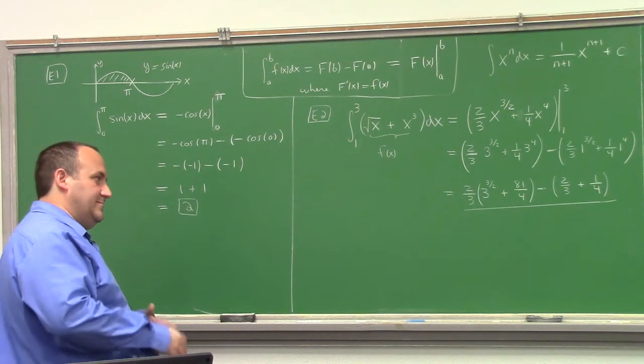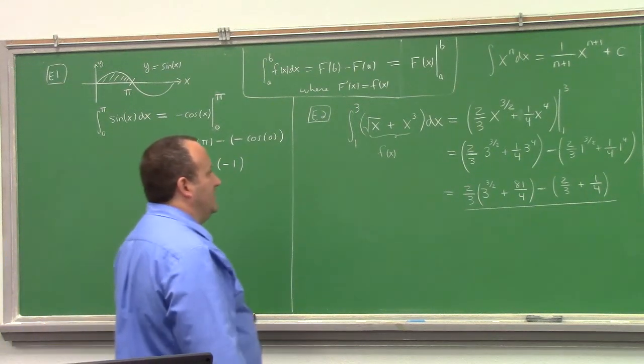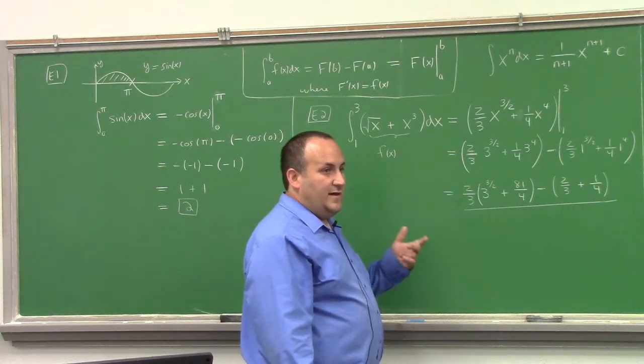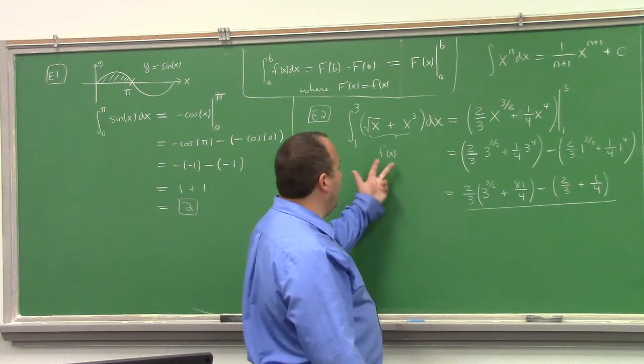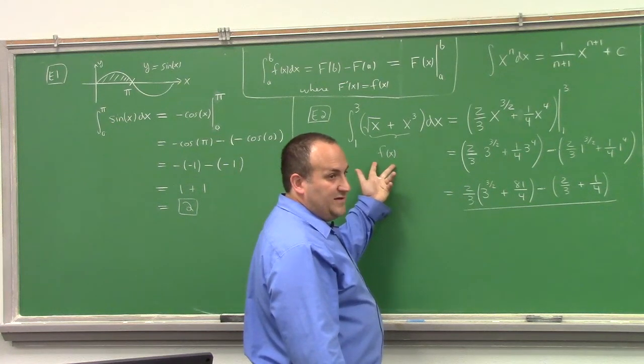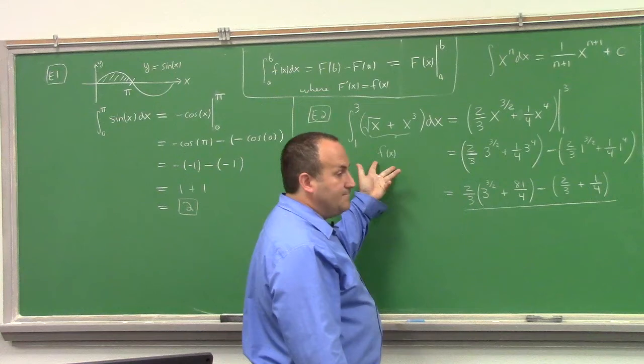That's part of the problem, but it's not the biggest part. The biggest part of the problem is really understanding that you have to use FTC II and also knowing how to anti-differentiate the integrand. That's the major skill here that you need to get comfortable with, right?